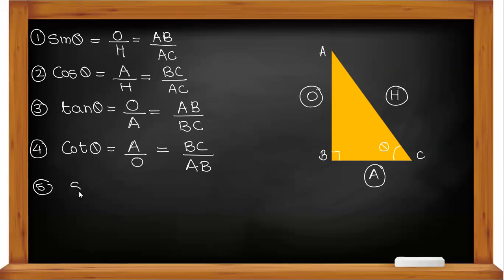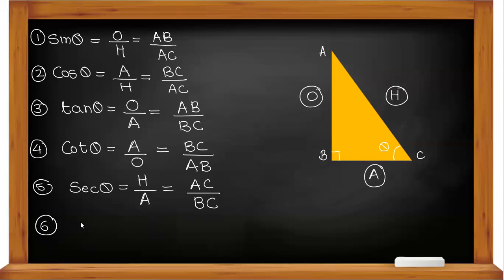The fifth ratio is secant of the angle theta, which is nothing but the reciprocal of the ratio cos theta. That means it is hypotenuse over adjacent. Hypotenuse is AC and adjacent is BC.